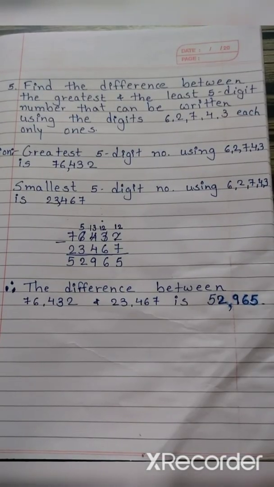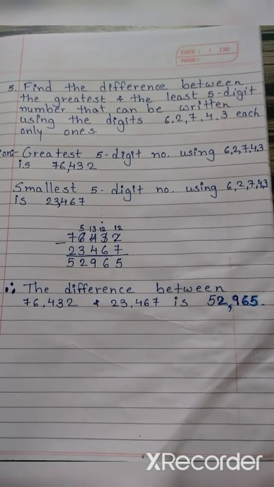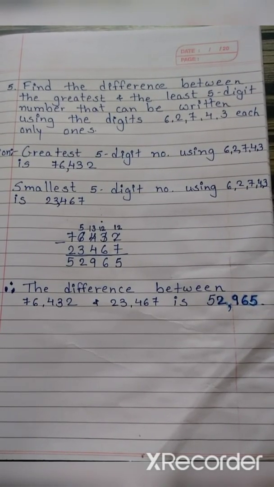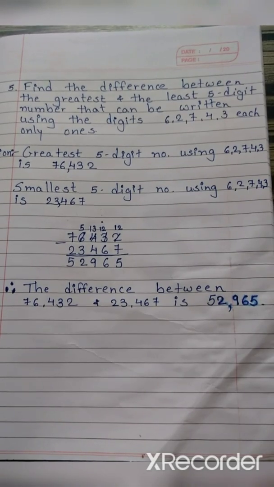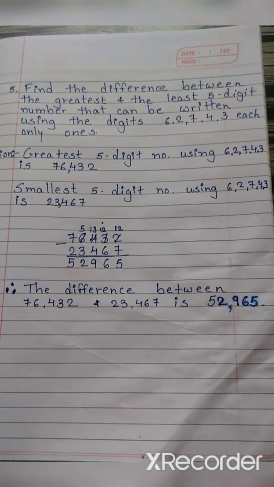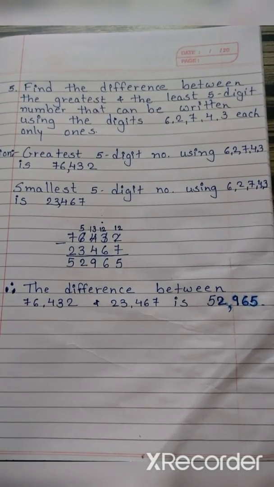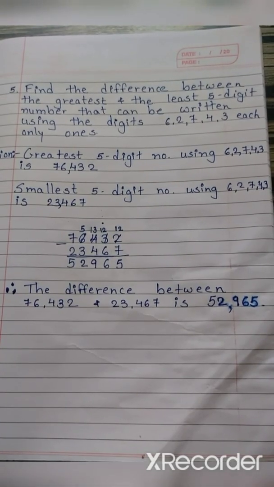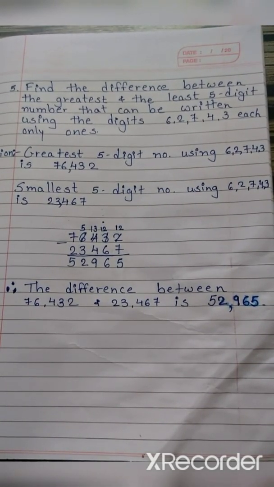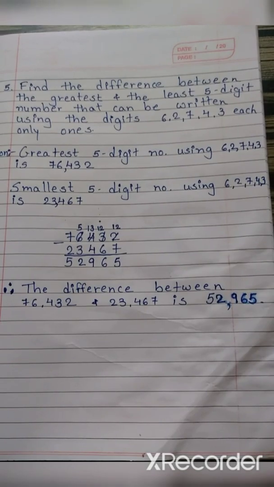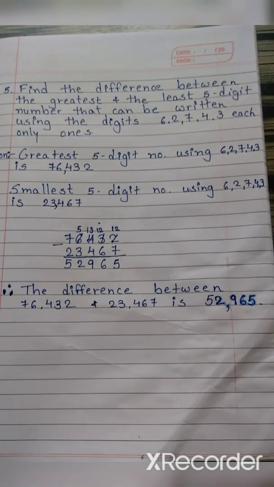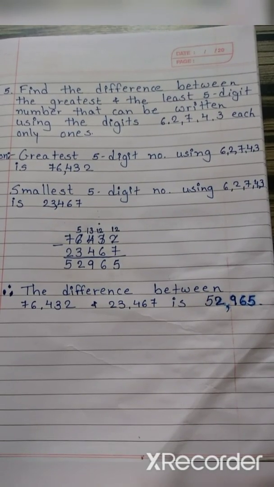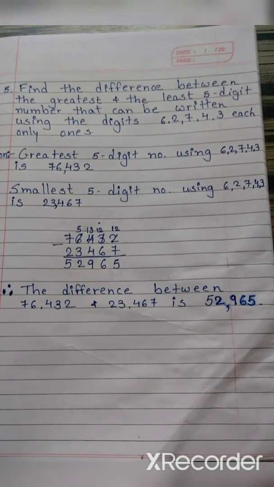Another example. Find the difference between the greatest and the least 5-digit number that can be written using the digits 6, 2, 7, 4 and 3 each only once. In this sum, first we need to form the greatest 5-digit number and the smallest 5-digit number using these digits.